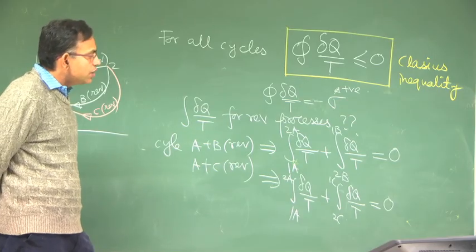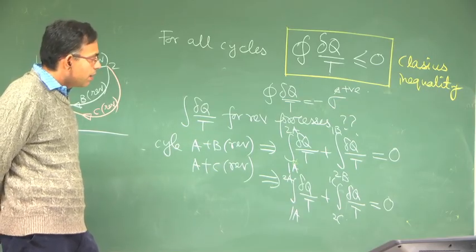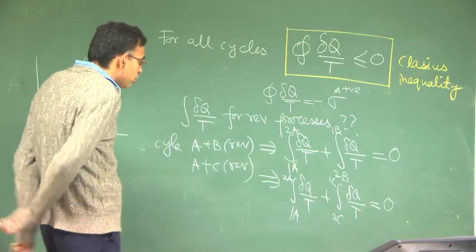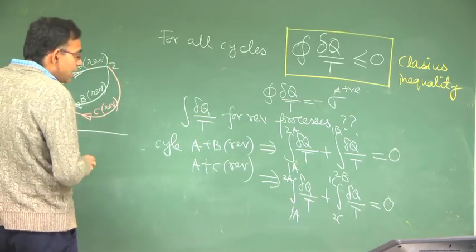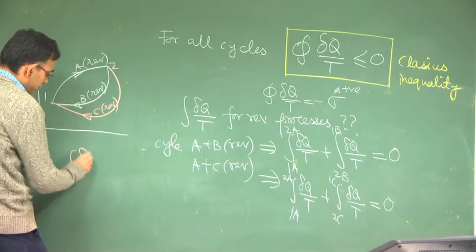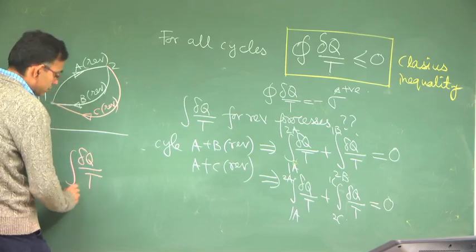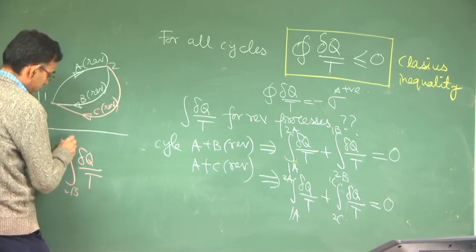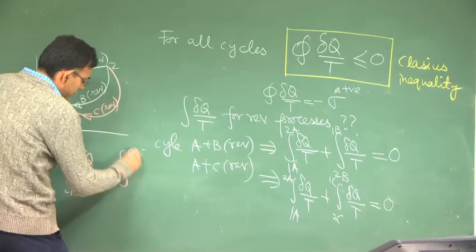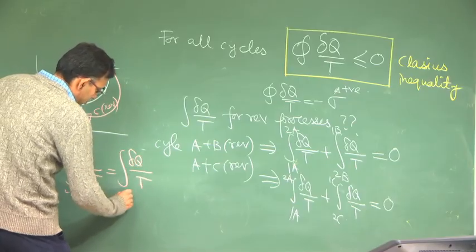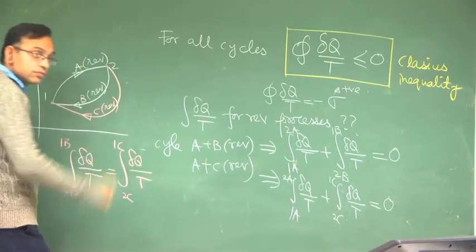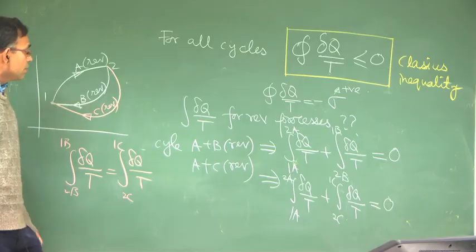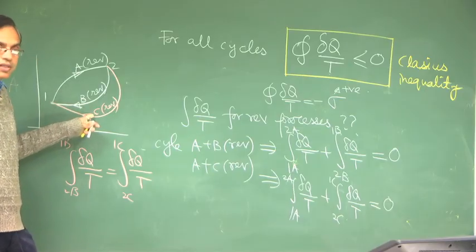So, from these two if we compare, then we can conclude this, but B and C are arbitrary paths.